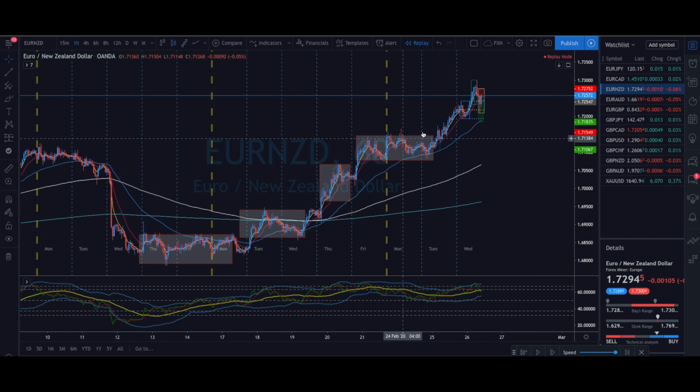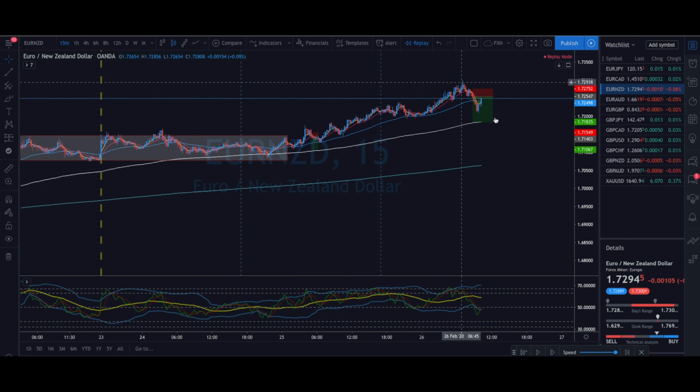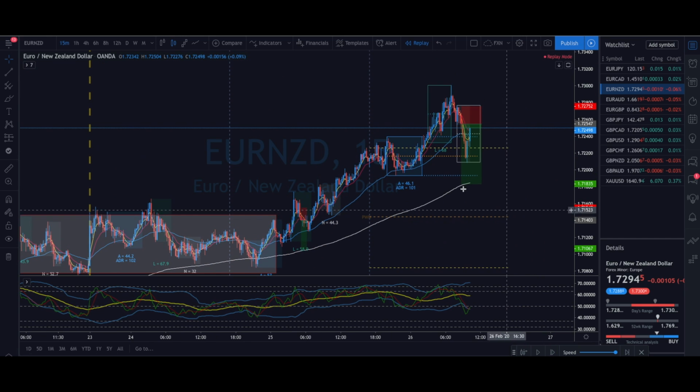So that's why we were wanting to take this down to sell to the 200 at least. And also we were thinking this was basically peaking out to be the high of the week so far.